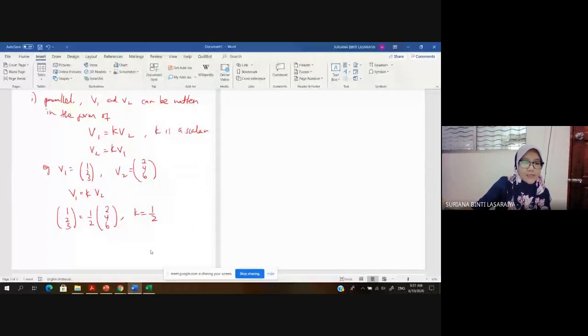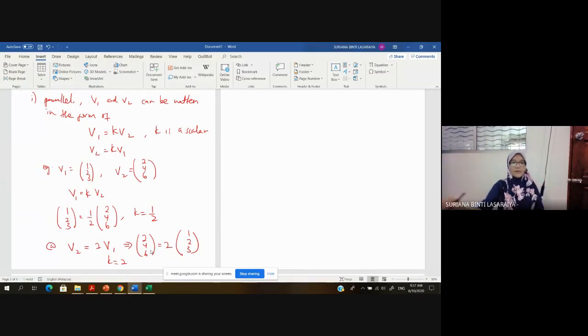Ataupun we write in the form of V2 equals to 2V1, because when you multiply inside, you akan dapat ini. Okay, either one. Sama ada k itu equals to 1 over 2 ataupun k equals to 2. Boleh. Yang penting dia boleh ditulis dalam bentuk ini, V1 equals to kV2. Boleh? Okay, senang kan?